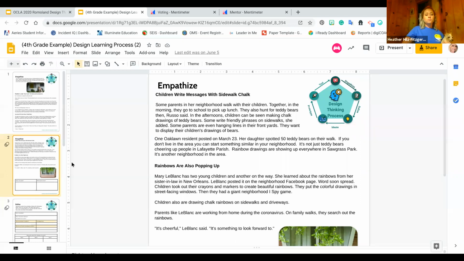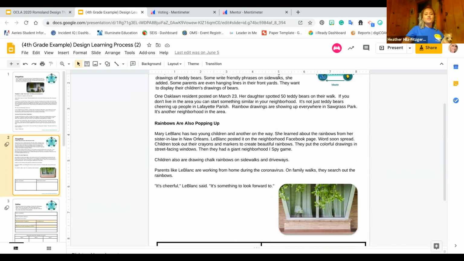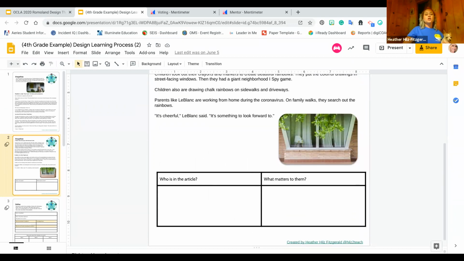So students would be asked to read with you, annotate, take notes, and then at the end, this is where we would connect that idea of empathizing as to who is in the article and what matters to them.